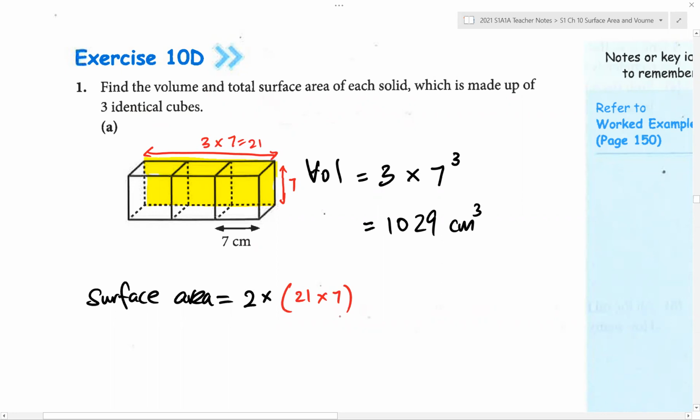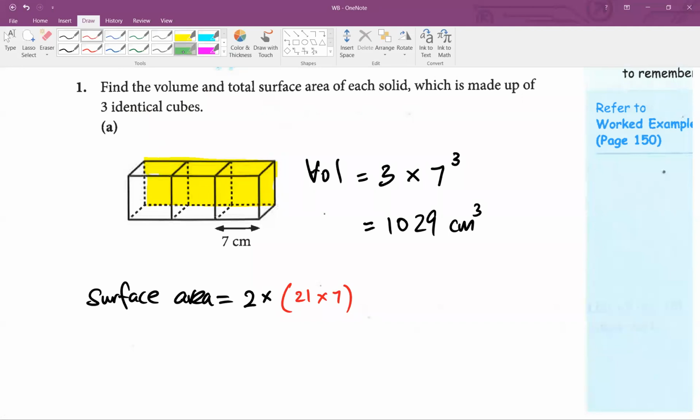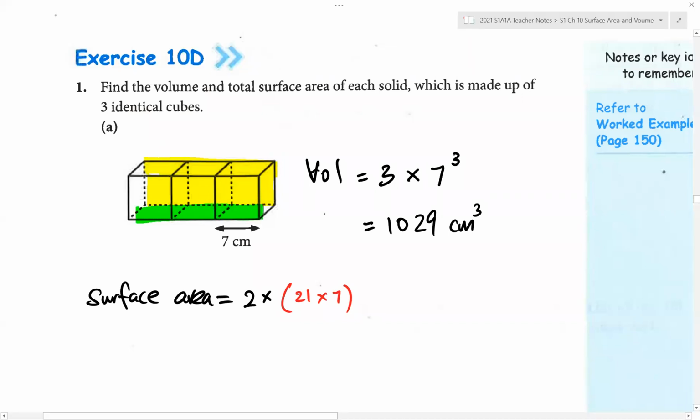They are the same. But it turns out the base is also made out of three squares, isn't it? So actually, this yellow rectangle is the same as the green rectangle. They are all the same rectangles. So actually, I don't just have 2.